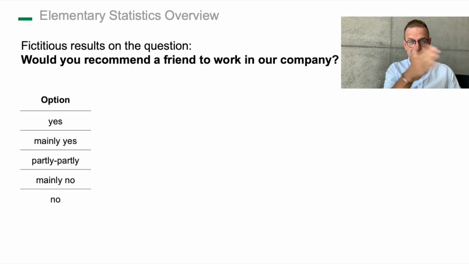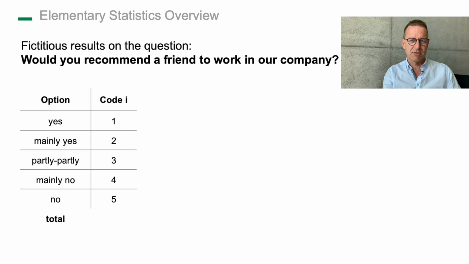First thing is we code these answers, because in the raw data matrix you don't have the real answers. You don't have a yes or mainly yes, because with yes, mainly yes, and so on, you cannot do any statistics. You want to have numbers. Statistics are based on numbers. So you have to translate these different categories into a number.